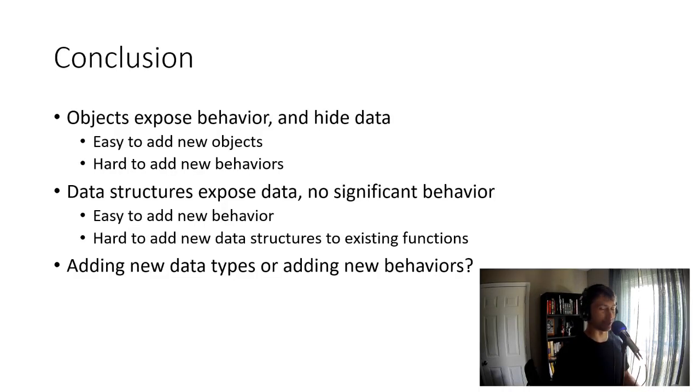That's the question you should be asking yourselves. Do I want to add a new data type or do I want to add a new behavior? Where am I adding this? Am I adding it to a data structure, procedural code, or to an object, OOP-related code? And think about the cost-benefit analysis of doing that, and what's going to be easy to do and what's going to be hard to do.